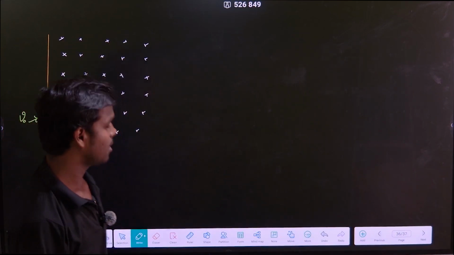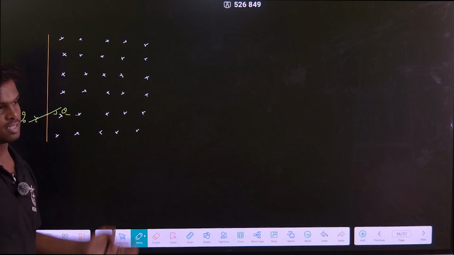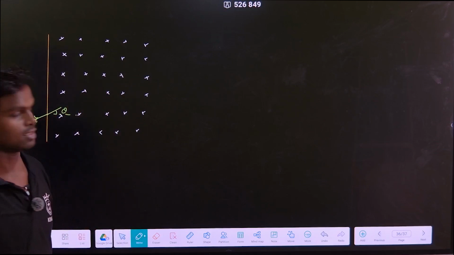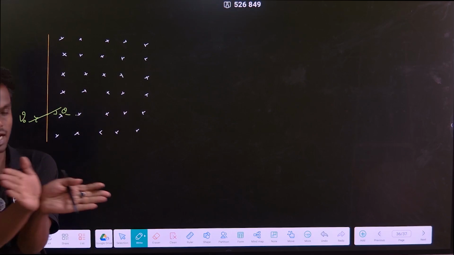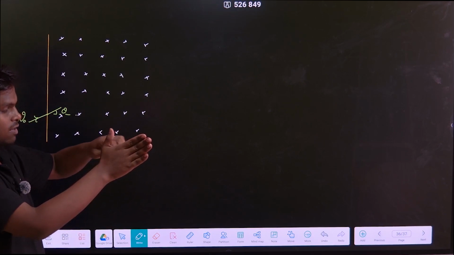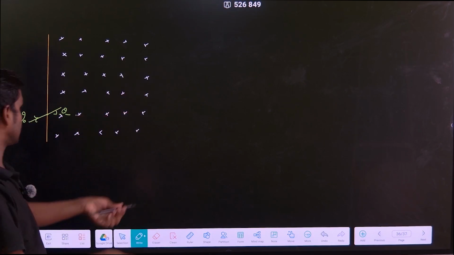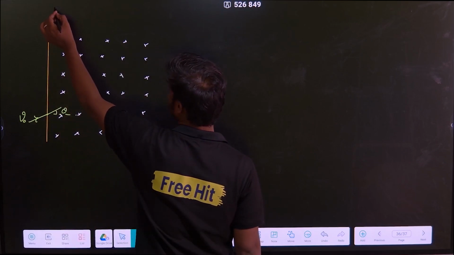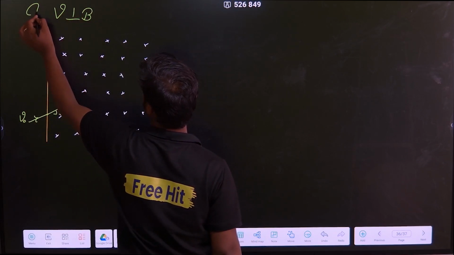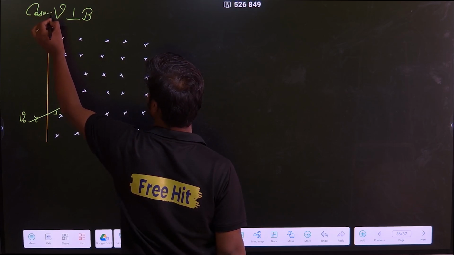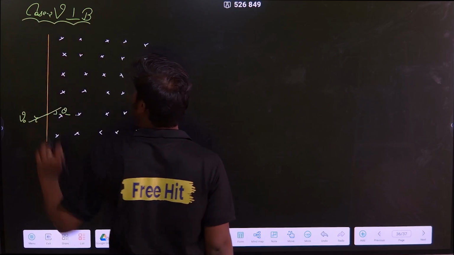The velocity is like this, the magnetic field is inside, and the angle is 90 degrees. Here also the velocity is again perpendicular to the magnetic field. That is the same case we are taking. We are talking about case 2 only.